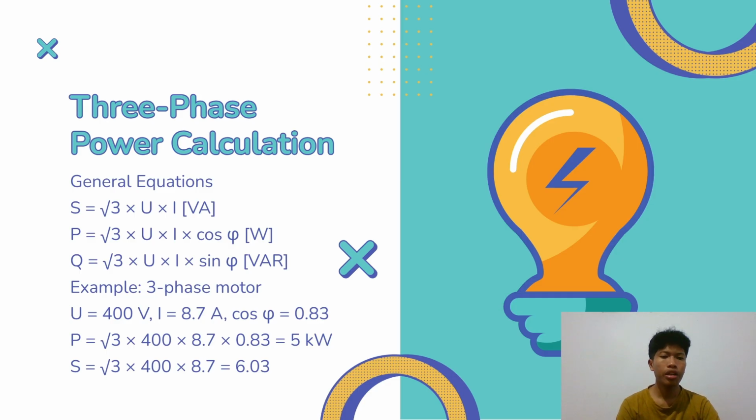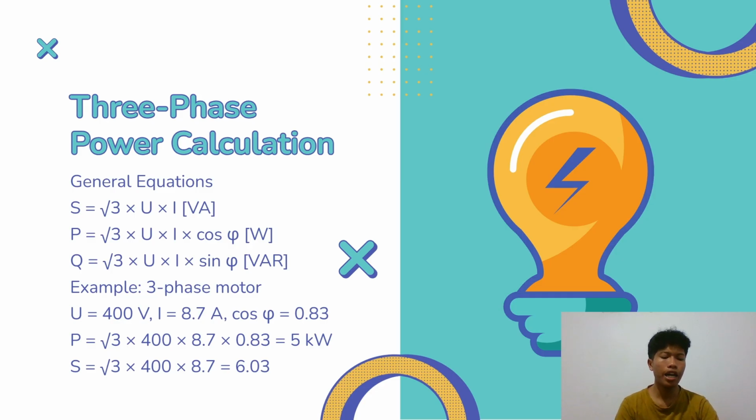The root 3 factor is for the three-phase. Let's work through an example with a three-phase motor. Voltage is 400 volts and current is 8.7 amperes. Power factor is 0.83 and the power equals root 3 times 400 times 8.7 times 0.83, which equals 5 kilowatts.